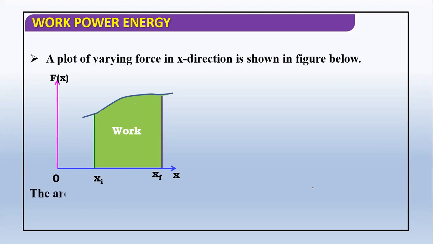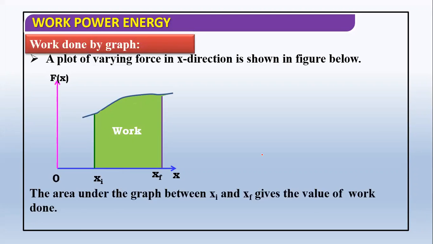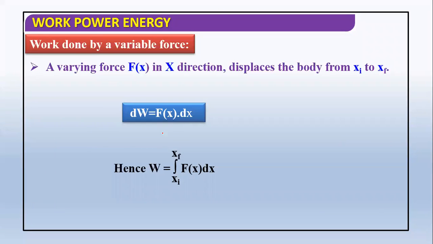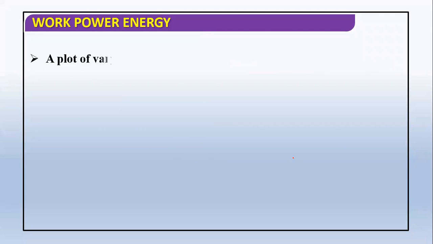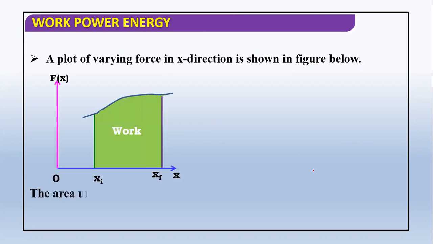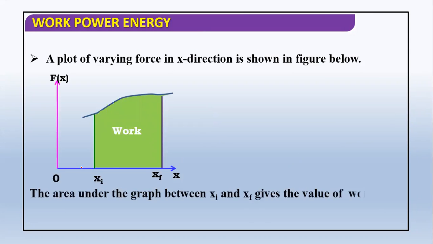Now we will see examples for variable force. Before that, we can also see the graphical representation of work. Suppose we have a force and displacement graph. What does it mean?